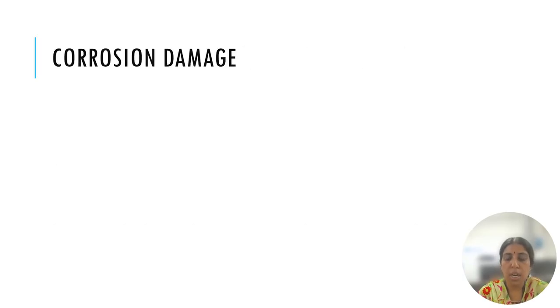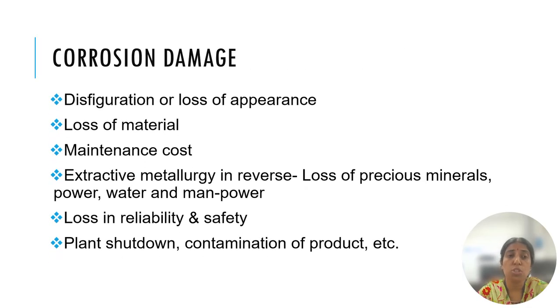Now let us understand the damage caused by corrosion. Corrosion damage could be discoloration or loss of appearance. The immediate damage we can see is the loss of appearance, disfiguration or color change, and it leads to loss of material.